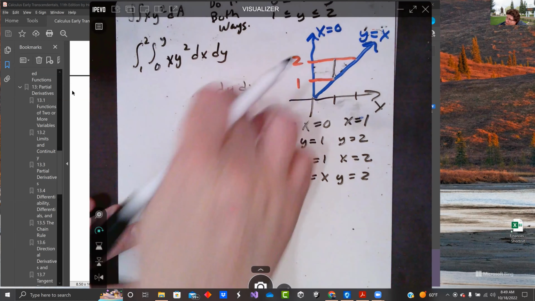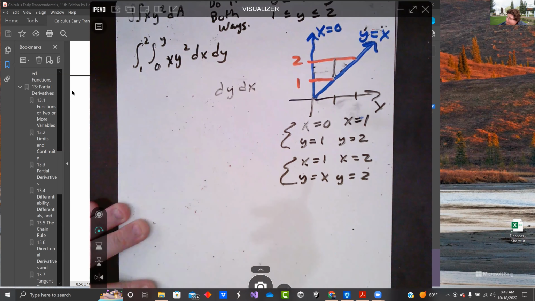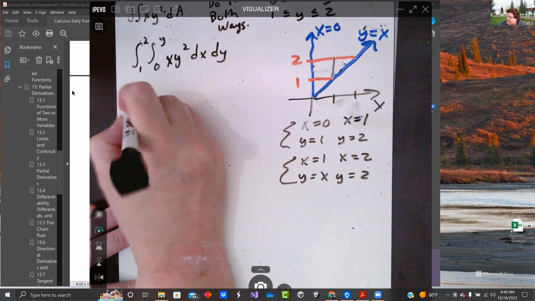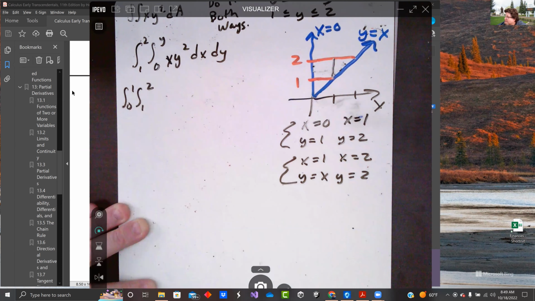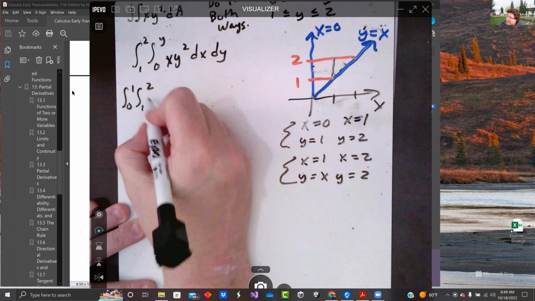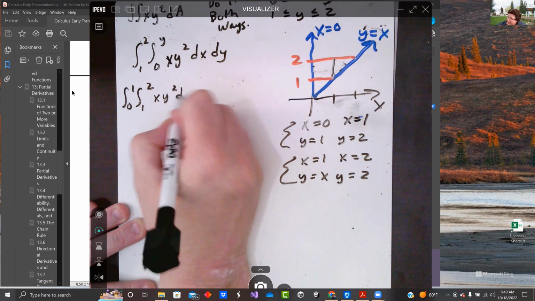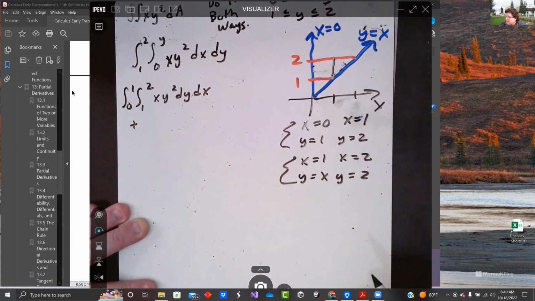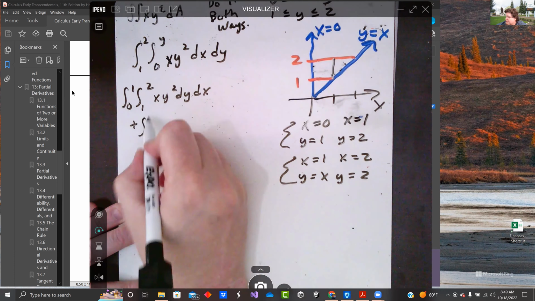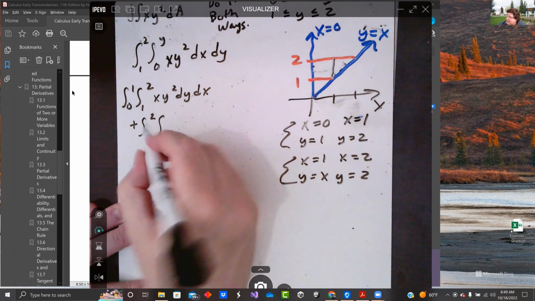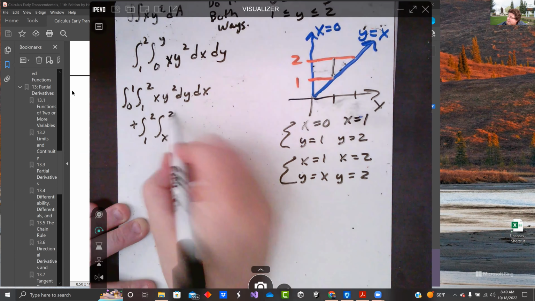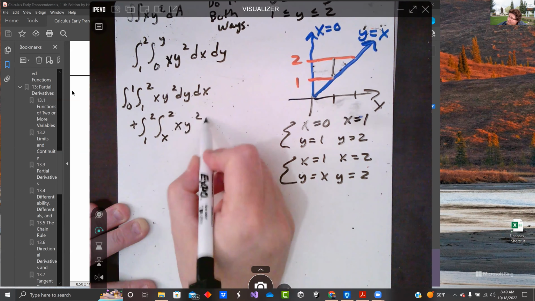So our integrals would be, we're doing dy first, which means dx is on the outside. We'd have the integral from 0 to 1, of 1 to 2, xy squared dy dx, plus the integral from 1 to 2, of x to 2, xy squared dy dx.